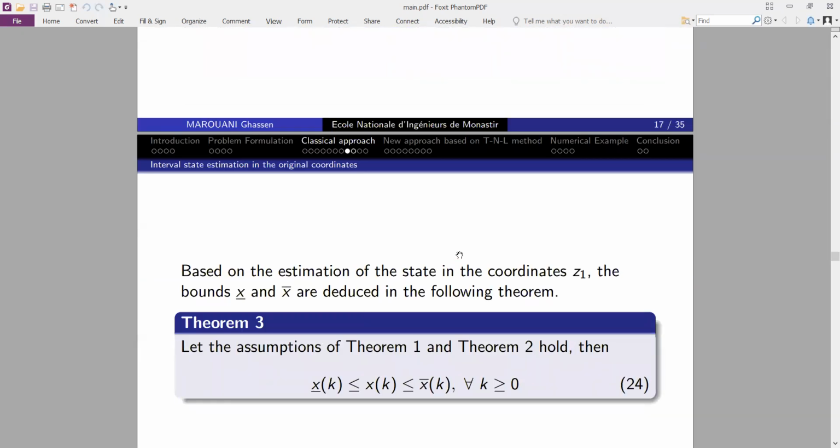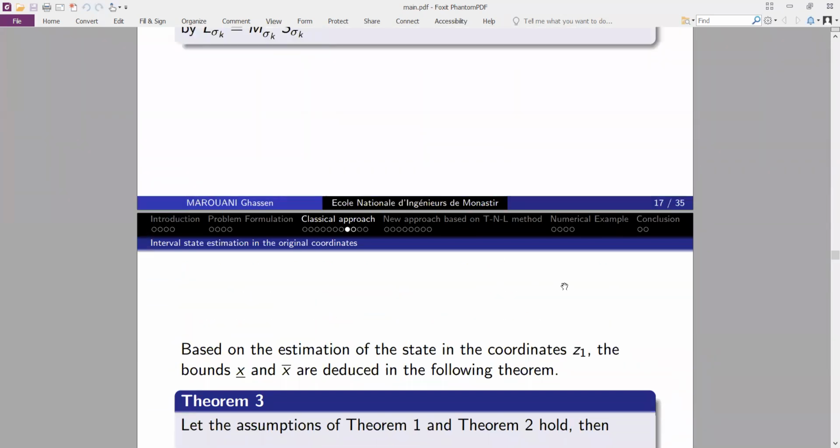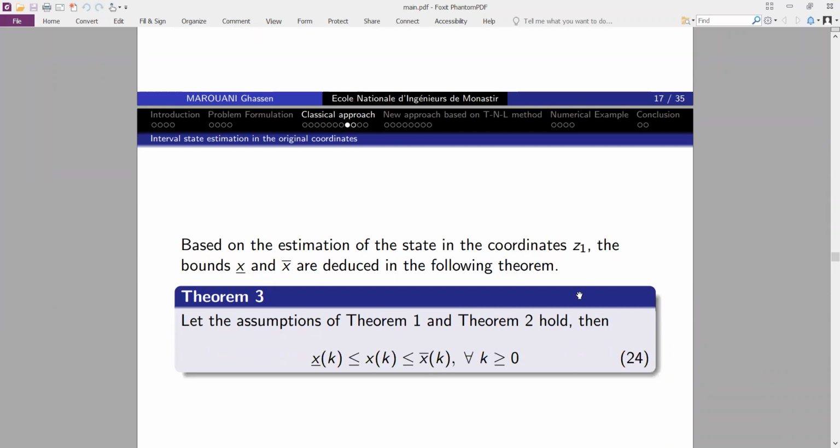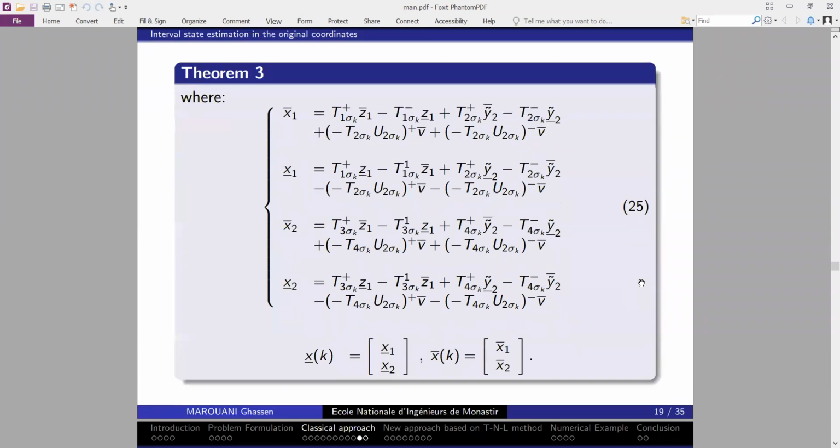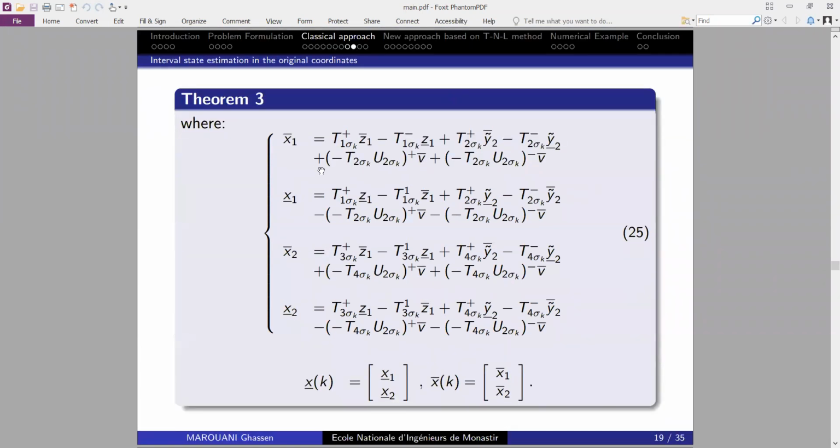So now, after we have determined the interval observer for the independent unknown input-free subsystem, the bounds of the state vector X are deduced in the following theorem, with different components of the vector X given as explained in this theorem.